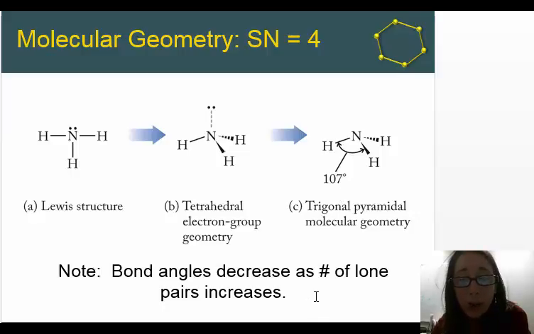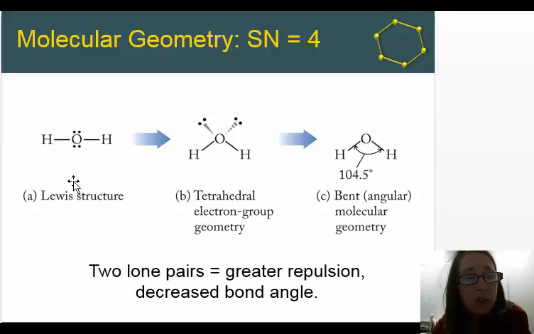And I just want to point out that the bond angles are going to decrease as the number of lone pairs on the central atom increases. So let's look at the last situation, when we have a steric number equal to 4 and we have 2 lone pairs. Here's our Lewis dot structure of water.